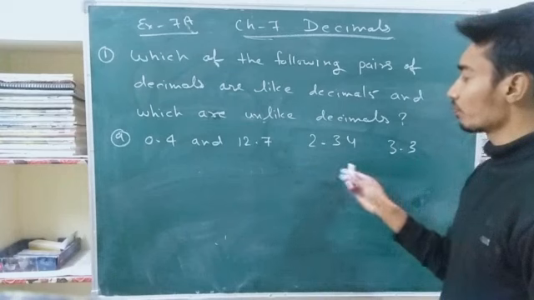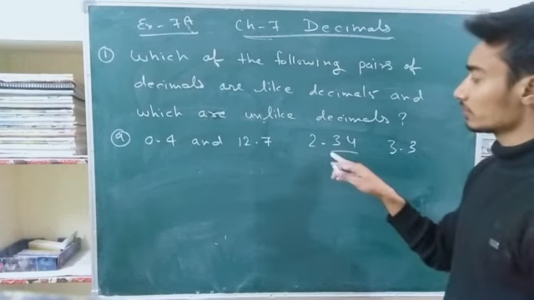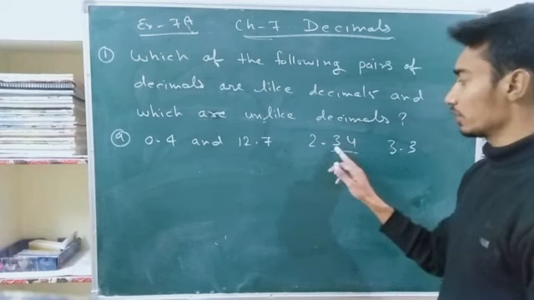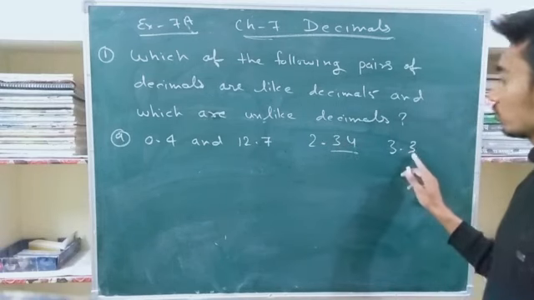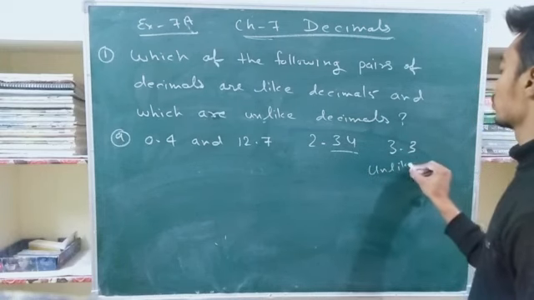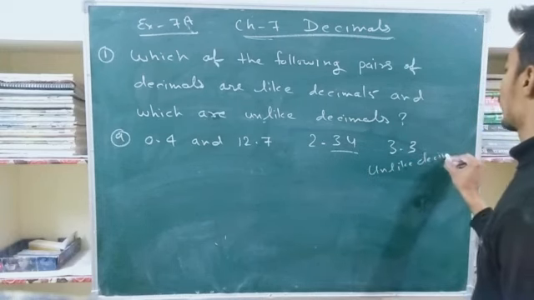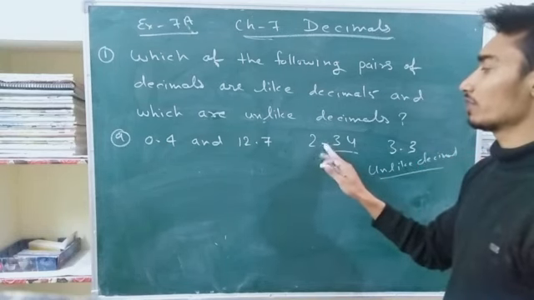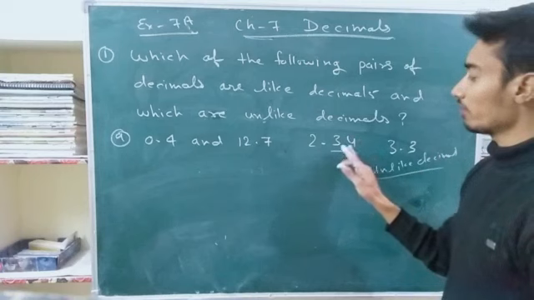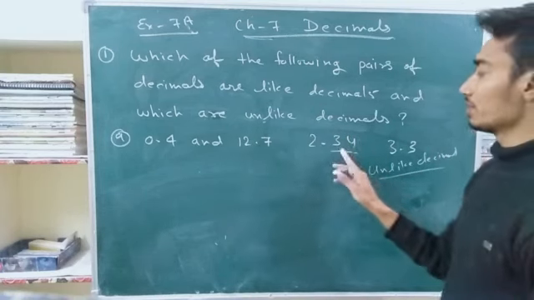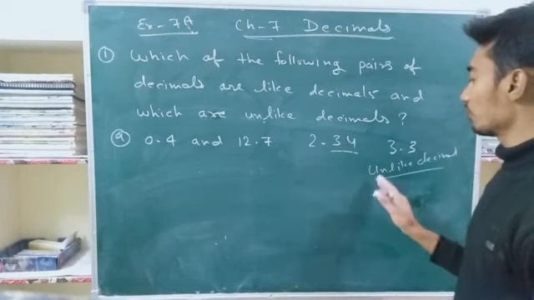What we do is first check how many decimal places there are. After the point, how many numbers? There are two numbers and there is one number only. So these are called unlike decimals. We just count the numbers after the decimal point. If they are equal, we call them like. If they are not equal, we call them unlike.